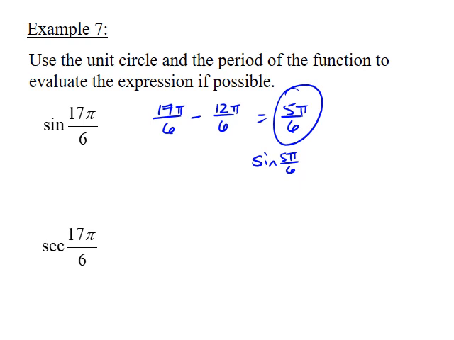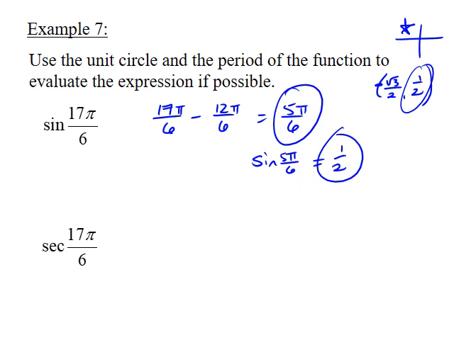We've done this several times. You should first find the corresponding ordered pair for pi over 6, which is this. 5 pi over 6 is not quite 6 pi over 6, so it's in the second quadrant. So the first term is negative. Sine is the y value, so this is 1/2.